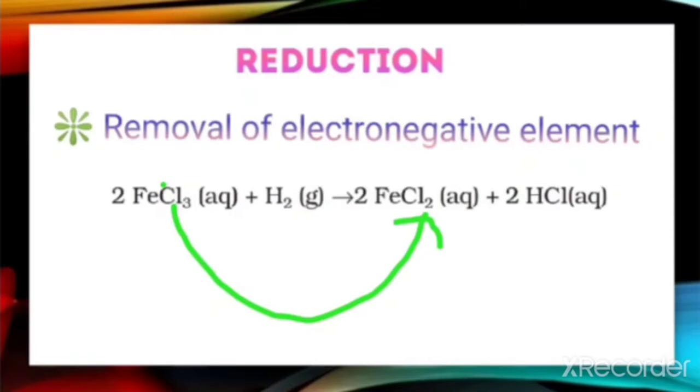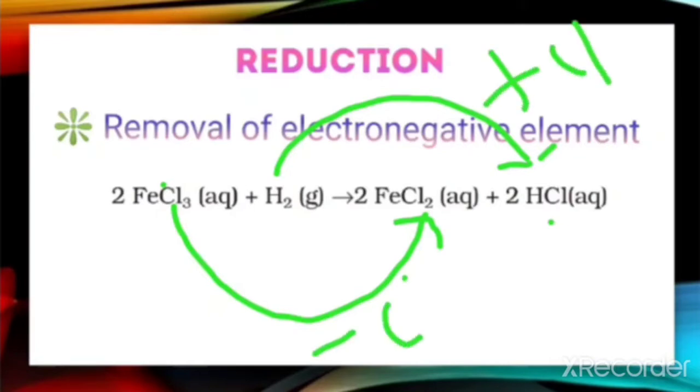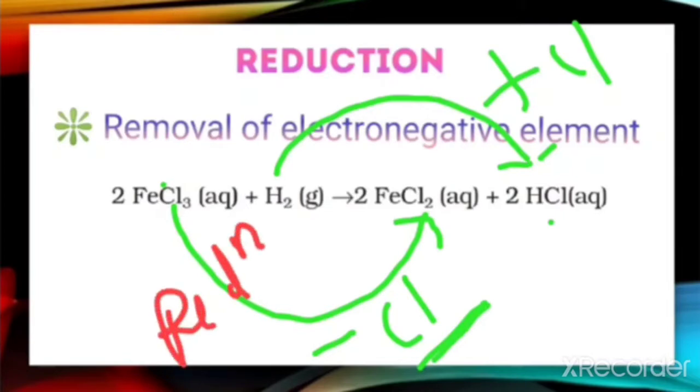But when we compare this equation, H2 is converted into HCl. So what is actually taking place? There is addition of one Cl here, and there is removal of one Cl there. That means removal of electronegative element, this reaction is called reduction. That is, removal of Cl is called reduction.